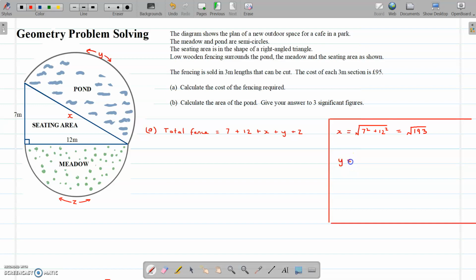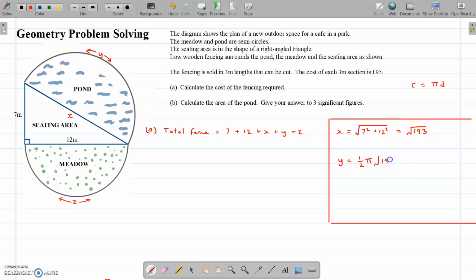Y is half a circle, half of the circumference of a circle of diameter X. You should know that the circumference of a circle is pi times the diameter. But we've got half a circle, so it's a half of pi times the diameter, and we've just worked the diameter out. It's X, which is root 193.